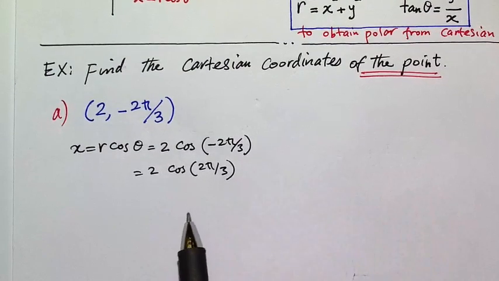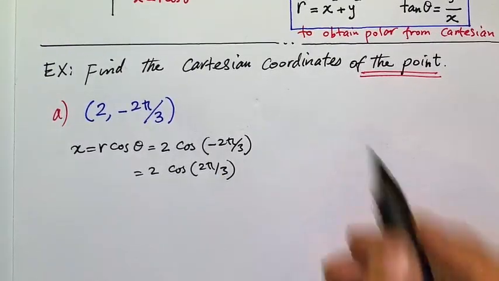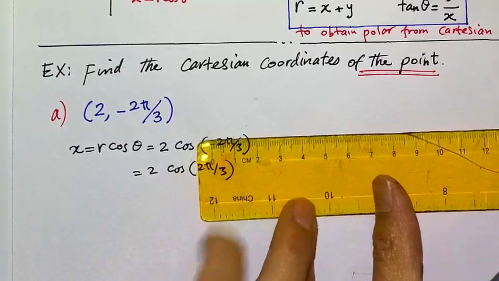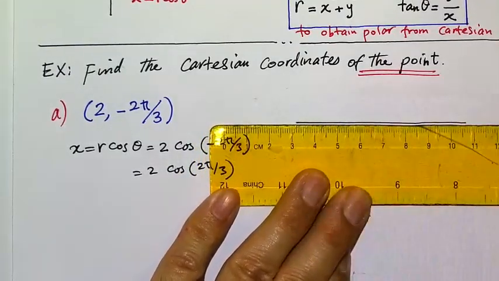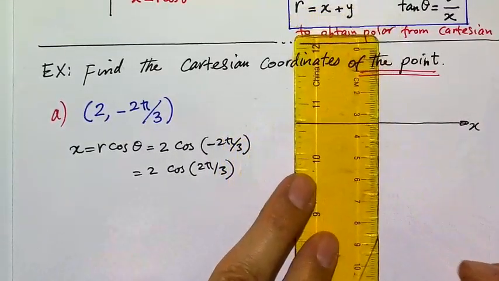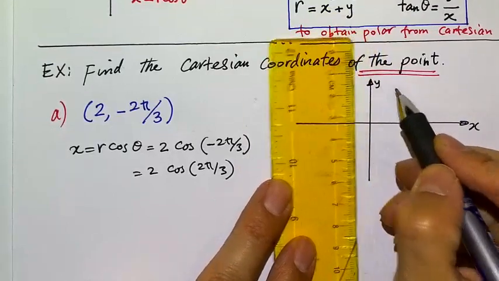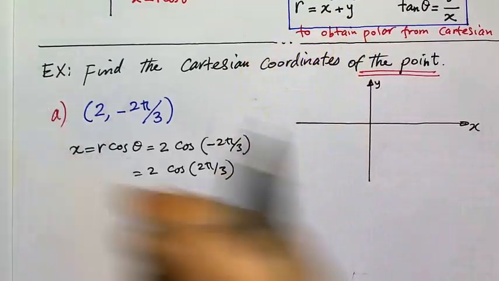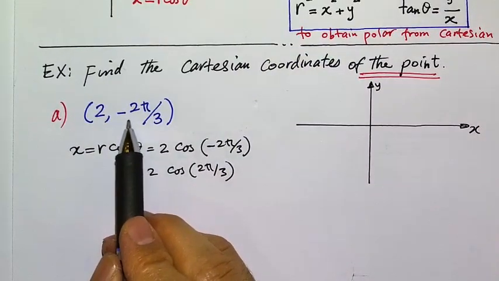And then, even though they didn't ask us, it's always good to plot these points to see where they are. So I'm just going to quickly draw a little plot here. So 2 comma minus 2 pi over 3.